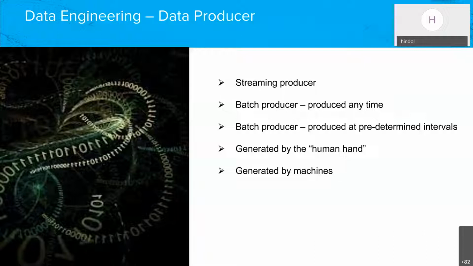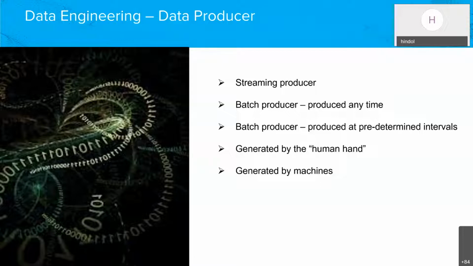There's another, which is data that may be generated by the human hand. Whenever we look at data, one very important aspect is the correctness and reliability of the data. Whenever you have data which is entered by someone, or captured from a user, there are chances of data quality issues.